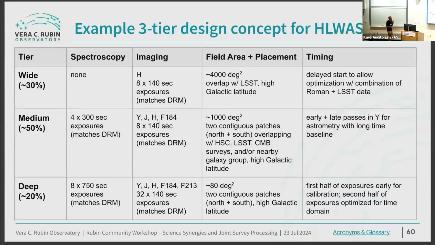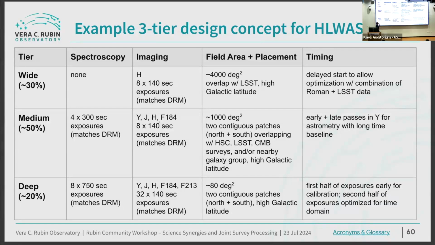So this is an example of the type of design that we've been talking about. You'd have 30% of the total time allocated to the wide tier, 50% to the medium, and 20% to the deep. For the imaging, for the medium, it would be just like the design reference mission, so about 8 by 142-second exposures.